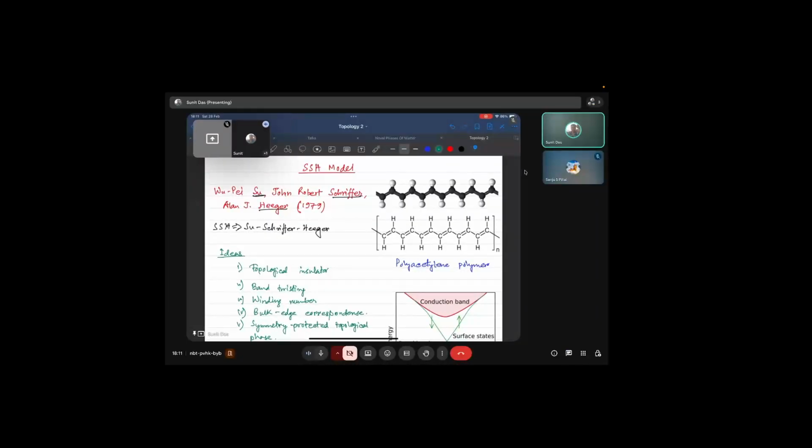Anyway, so we'll start. Today I'll describe the SSH model. This is one of the very intuitive and simple models to understand topological insulators and how they differ from the conventional insulator. This is a fairly big topic, meaning there are a lot of details in it, but I'll try to cover as much as possible within these 2 hours, let's say.